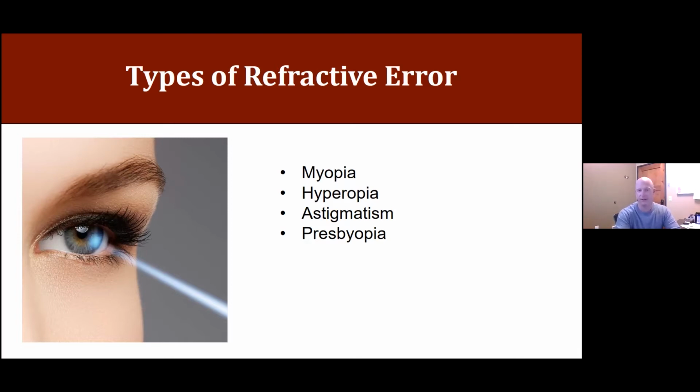And presbyopia is simply the type of refractive error that we start to see around 38 to 42 years old, when the lens inside the eye gets a little bit less flexible, and that's when our patients start to need reading glasses or bifocals or even progressive lenses.